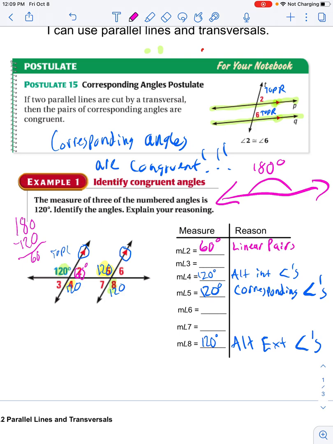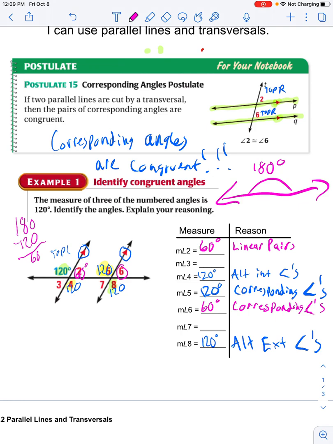So if you remember, linear pairs are two angles that are next to each other that add up to 180 degrees. So if angle 2 is 60 degrees, angle 6 is also going to be 60 degrees because they are corresponding angles.